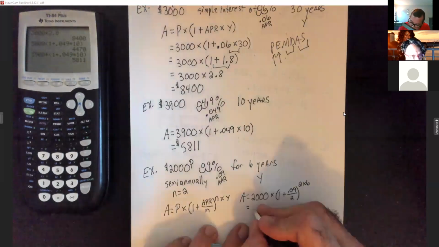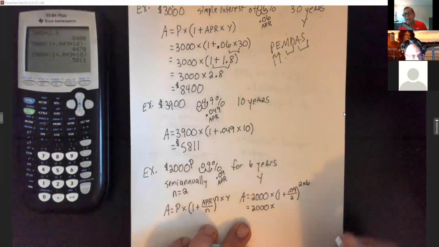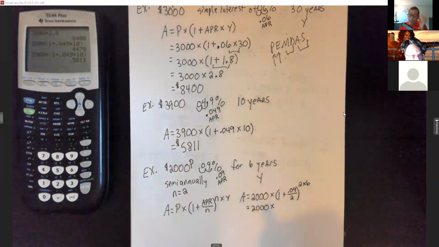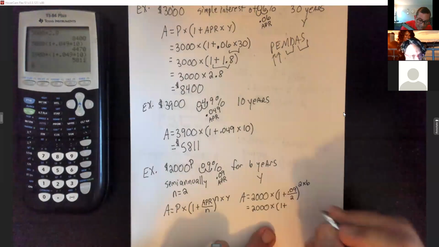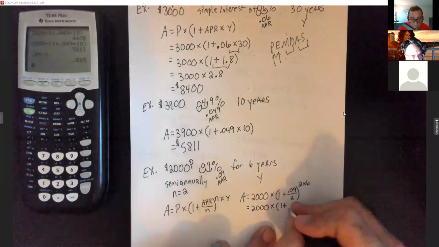So I bring down that 2,000 times, that 2,000 is going to be the last thing you do, multiply that 2,000, okay? We got to do the parentheses first. So this would be 1 plus whatever 0.09 divided by 2 gives me. So that's a 0.045.